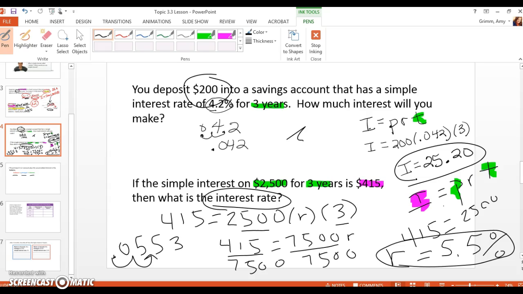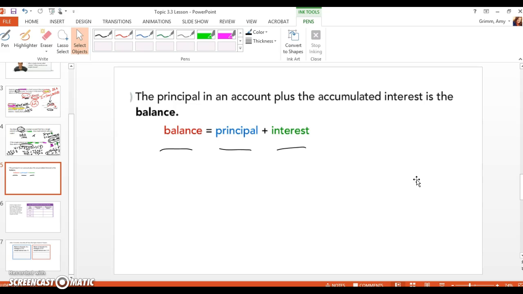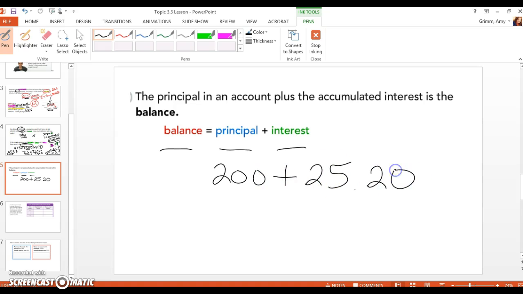So the principal would be 200 plus the interest would be 25.20. And if I add all that together, that would give me the balance in my account. So the balance in my account would be 225.20. And that would be the total.